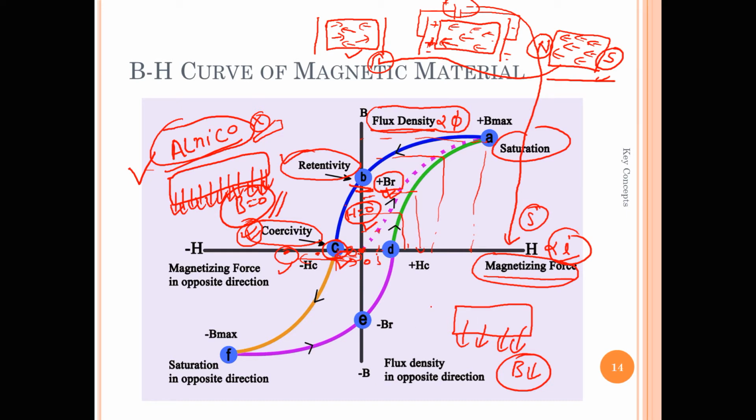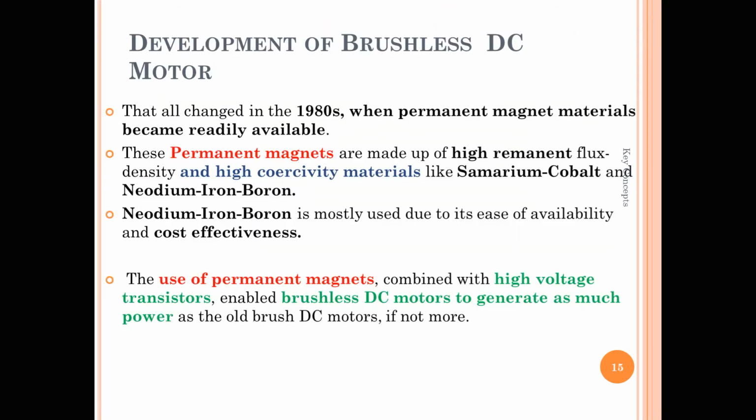Ferrite will offer less power, but it can support the high temperature rise, where the application requires it. So these are the major causes why the development of BLDC, or brushless direct current motors, got stuck or moved in a very slow way, due to the unavailability of these materials.